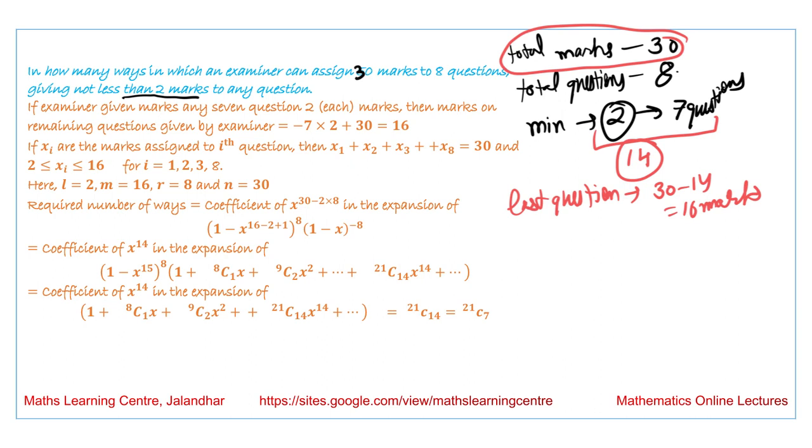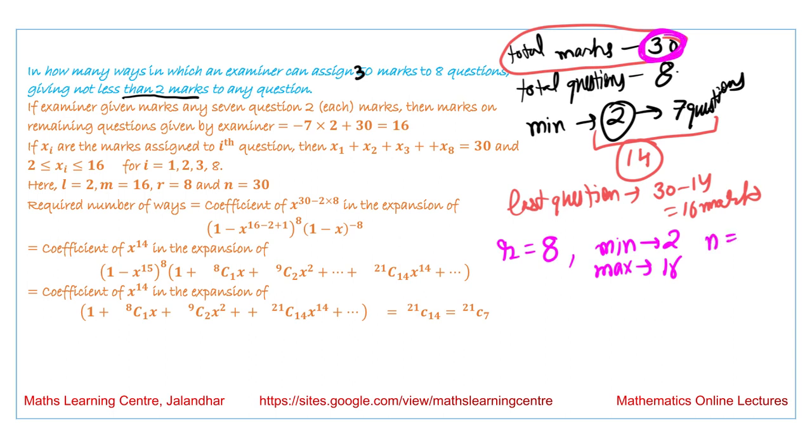So what our problem becomes now is that the total number of questions is equal to 8, the minimum marks to be assigned is equal to 2, the maximum marks to be assigned is equal to 16, and the total marks we have is equal to 30.